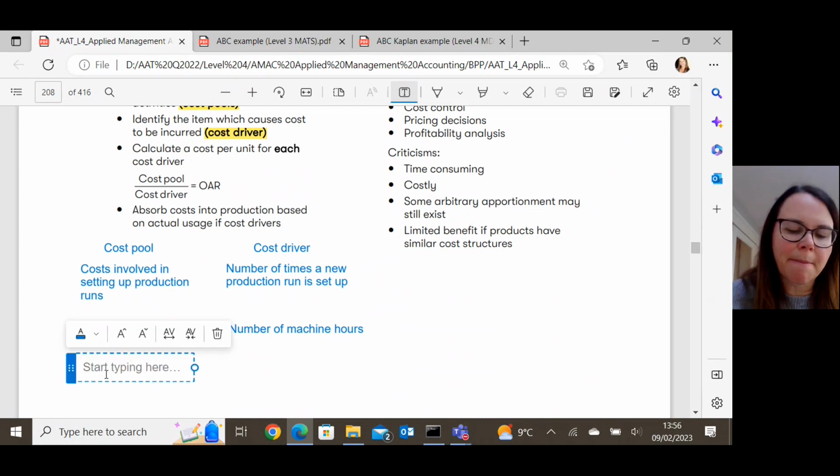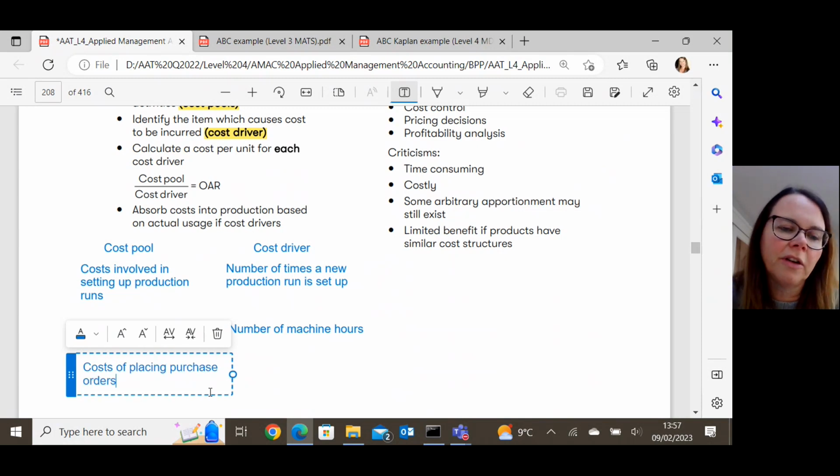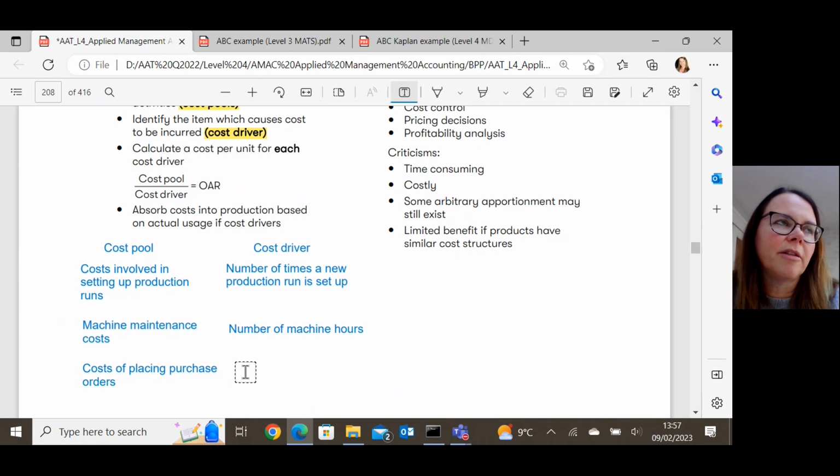Another example might be placing orders for purchases. I could say the cost pool would be the costs of placing purchase orders. That might be the person that has to actually sit there and place the order, whether that's by telephone or online, whatever it may be.